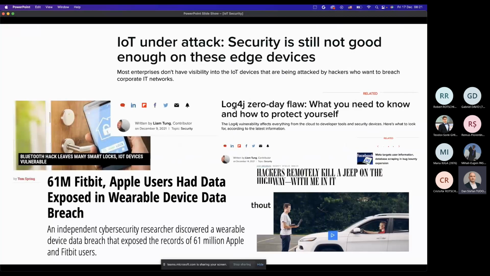So we are talking today about a big zero-day flaw, for example, in Log4j. It's a logging library for Java. And it doesn't help that a lot of embedded devices and a lot of IoT solutions employ Java, and they employ this library to actually log their functionality. There are countless examples in media about different exploits, different hacks that have happened on IoT systems, be it smart locks, be it wearables and trackers, be it, I know, cars that have been remotely hacked and so on.